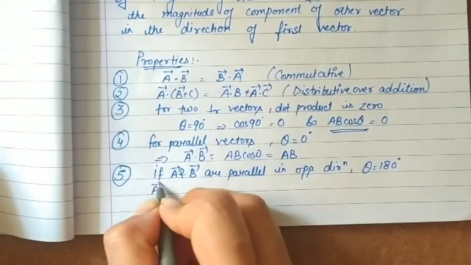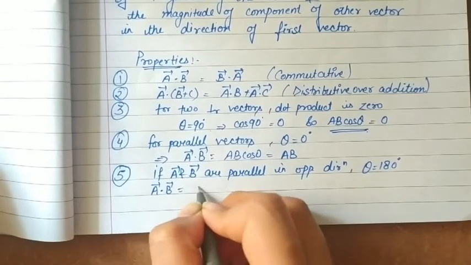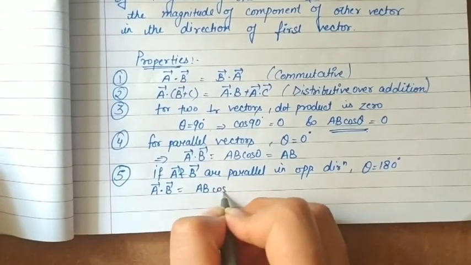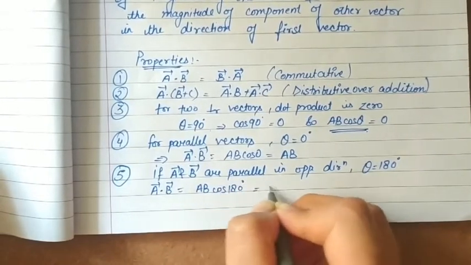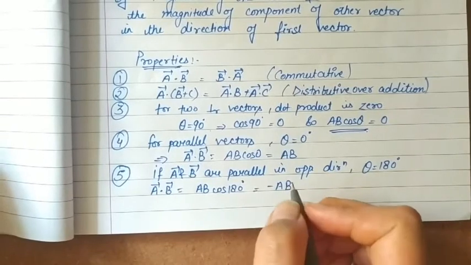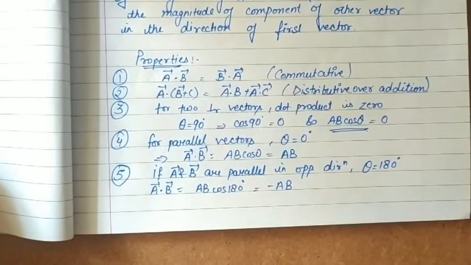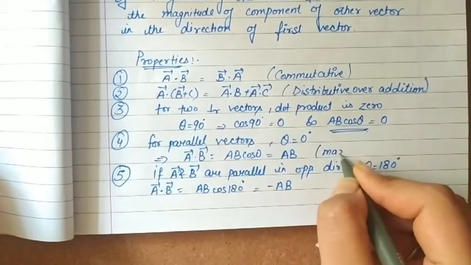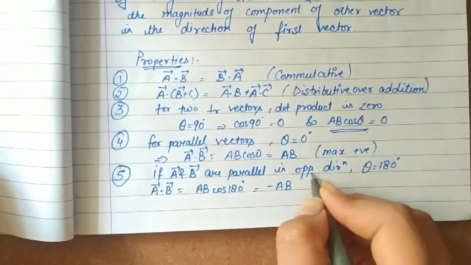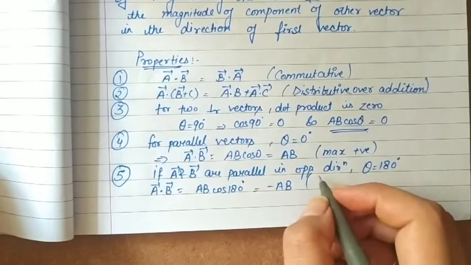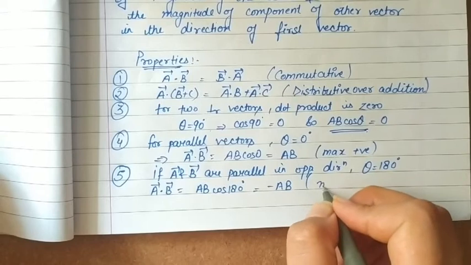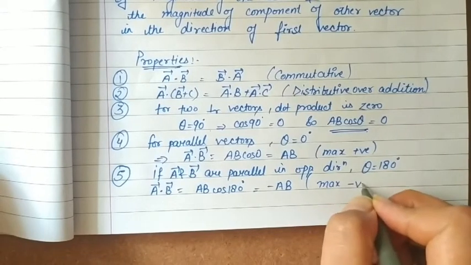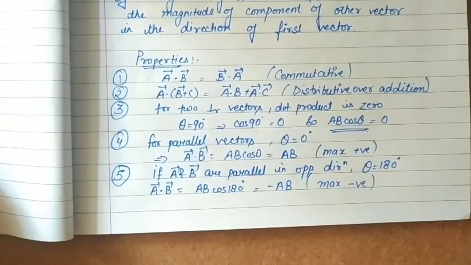So we get A dot B is equal to AB cos 180. Cos 180 is minus 1, so it is minus AB. That means we get a negative magnitude, that is the maximum negative magnitude. This was maximum positive magnitude, while in case of anti-parallel or in opposite direction it was maximum negative magnitude. This is the fifth property.